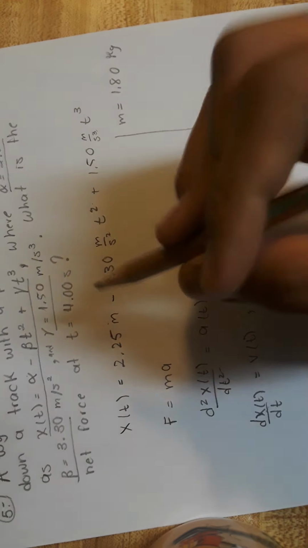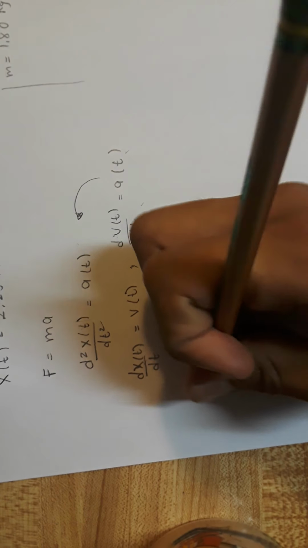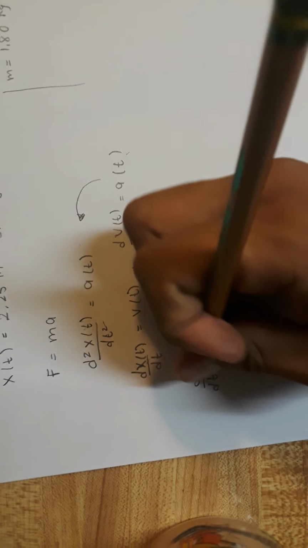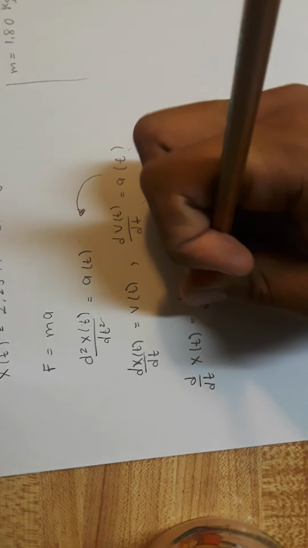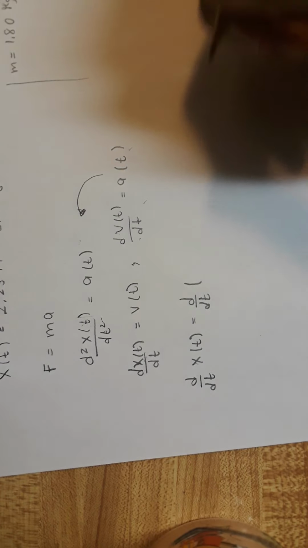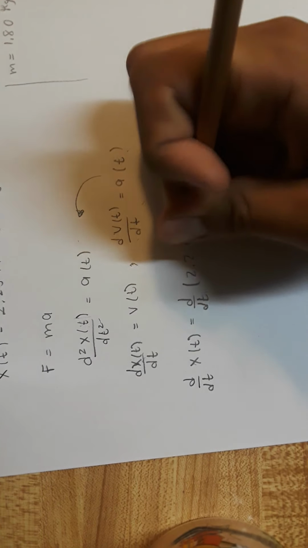We know that this is our function right here. So if we derive it one time, we know that it's going to be the derivative of whatever is here, 2.25.